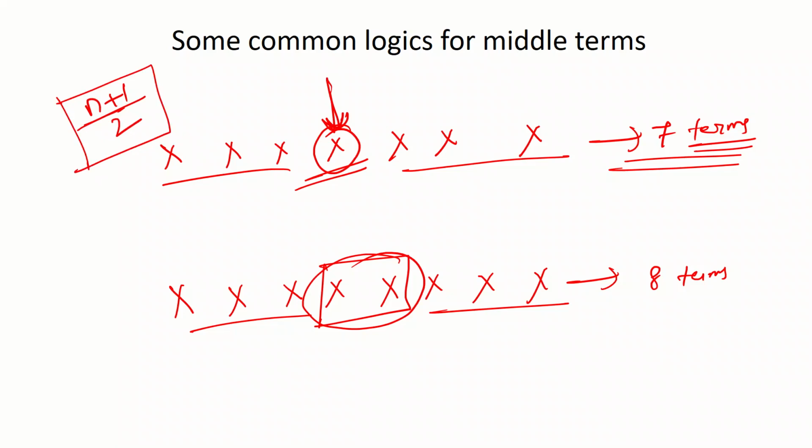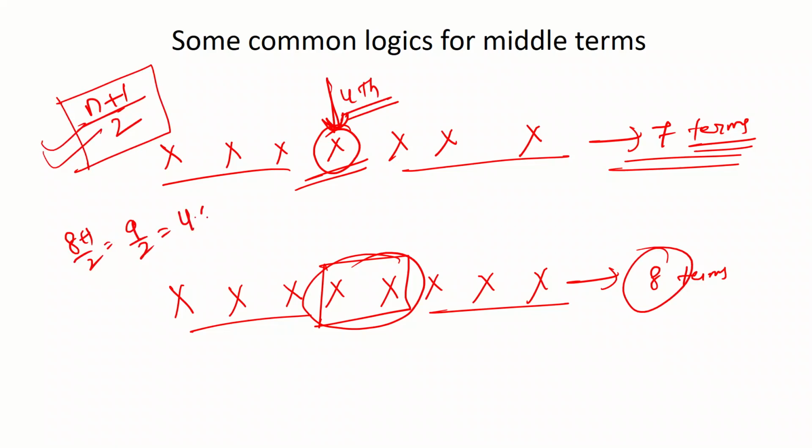So put n equal to 7 over here. 7 plus 1, 8 by 2 gives us 4. So we're getting the 4th term as the middle term. But what about this? If you put n equal to 8, we are getting 8 plus 1 by 2, which is 9 by 2, which is 4.5.